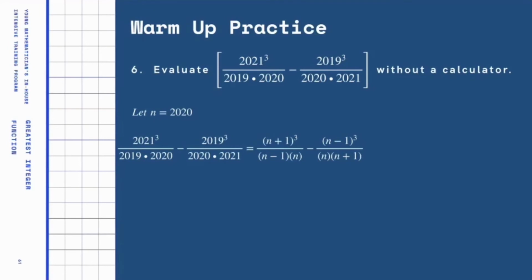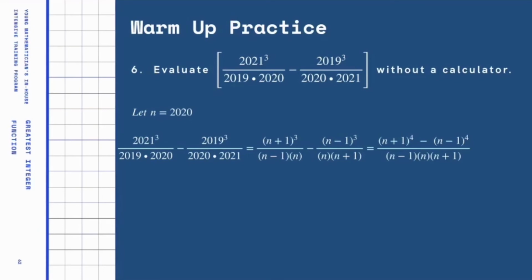Now combining this into one fraction, we get n plus 1 to the fourth minus n minus 1 to the fourth, all over n minus 1 and n plus 1. Now by Pascal's triangle or binomial expansion, you can actually evaluate n plus 1 to the fourth and n minus 1 to the fourth.